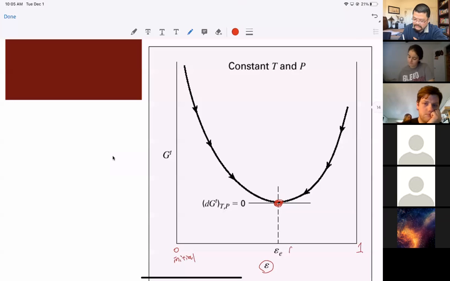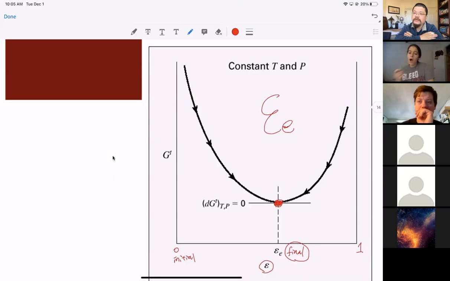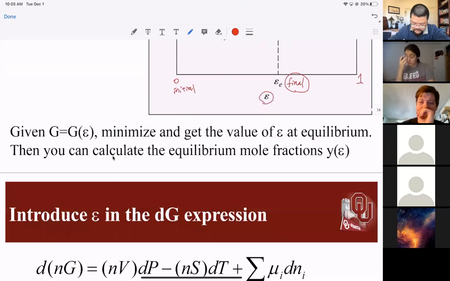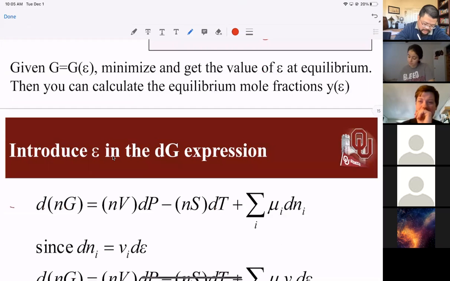And we call this as a final because this is the equilibrium. And once the reaction reaches its equilibrium, it will stop, no longer changing over there. So this is why mathematically we are interested in identifying this one. Equilibrium reaction coordinate.